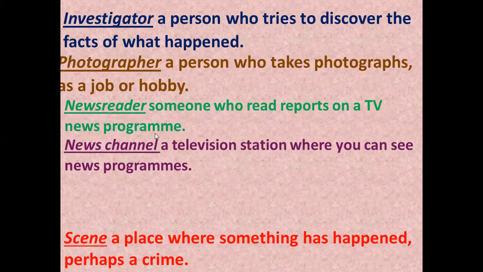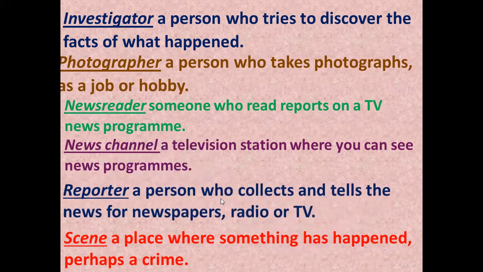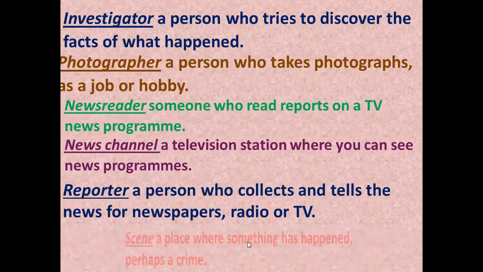News channel, a television station where you can see news program. Reporter is a person who collects and tells the news for newspapers, radio, or TV. Scene, a place where something has happened, perhaps a crime.